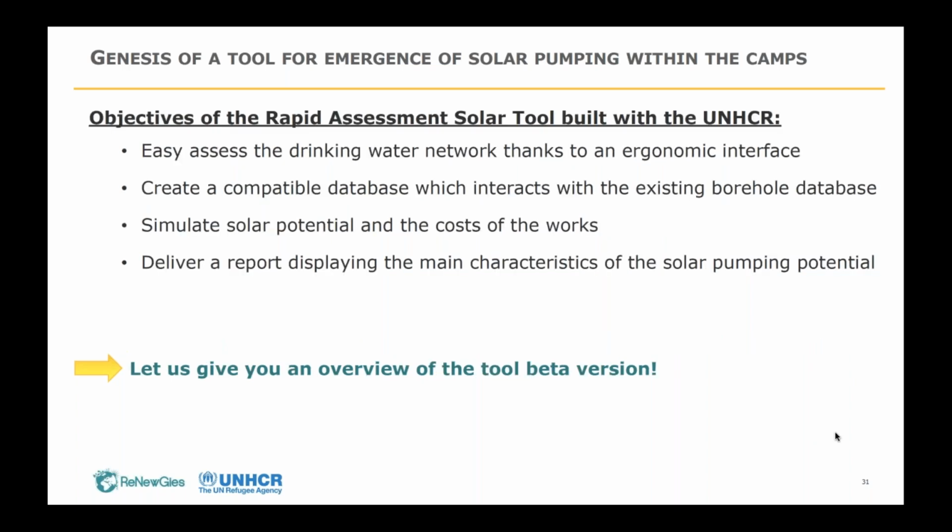Next slide, please. The objective of the rapid assessment solar tool that Ayman is going to show you is, first, to give easy access to the drinking water network thanks to an ergonomic interface. This answers the need for people who are not specialists to fill in all the data that is needed.